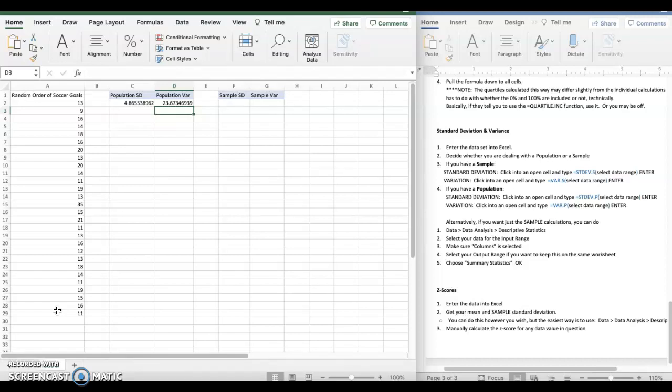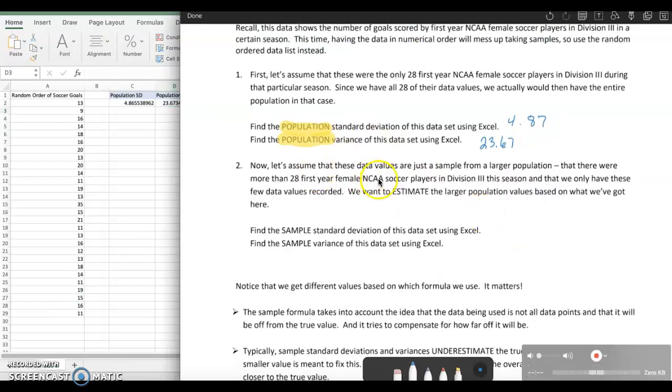Okay, now what we're going to assume is that this is just a sample from some larger population, that there were more than 28 players, and for some reason we just took a small snippet of them. So in this case, we are trying to estimate the larger population standard deviation and variation based on just this sample.